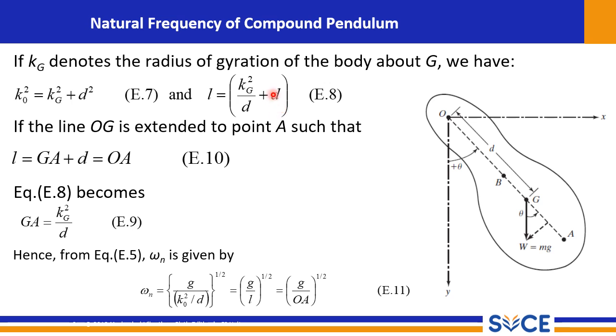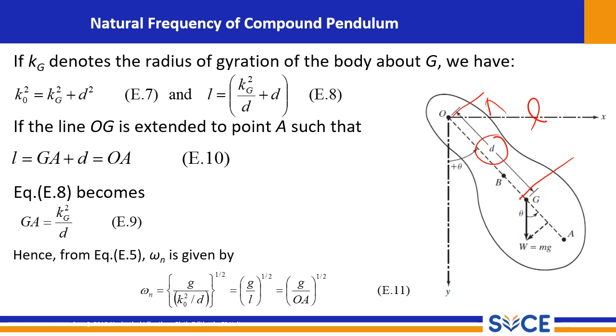Hence, this is going to be the total length L. So what is this L? L equals GA, that is, the remaining length, plus D, which is GO.